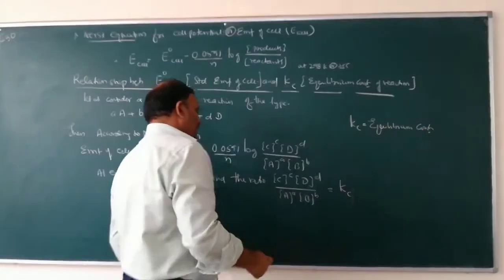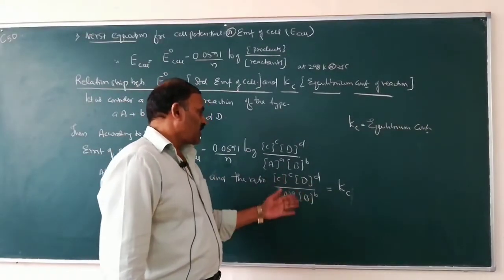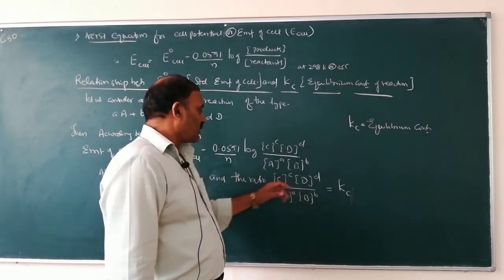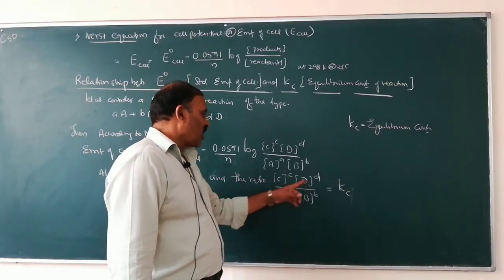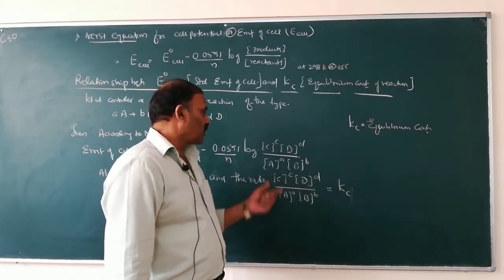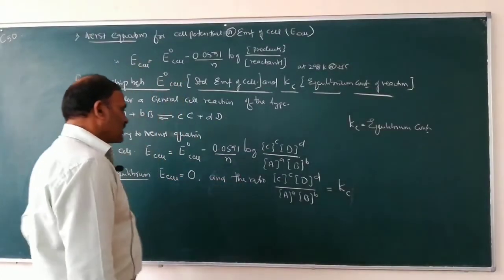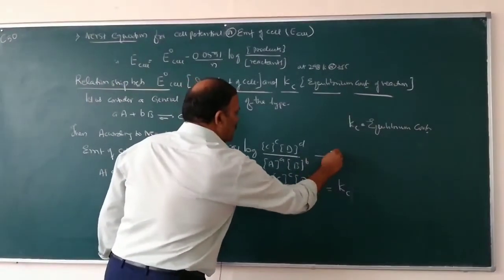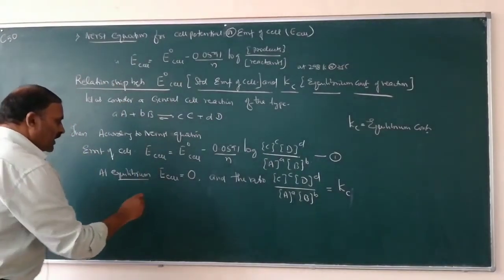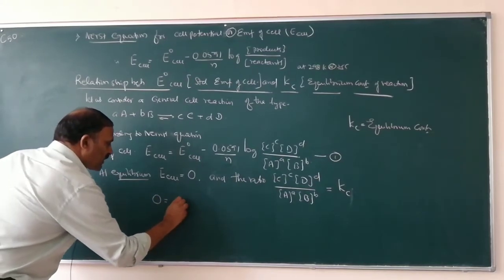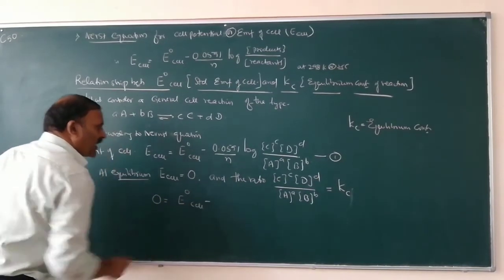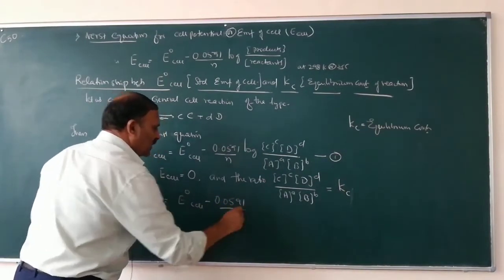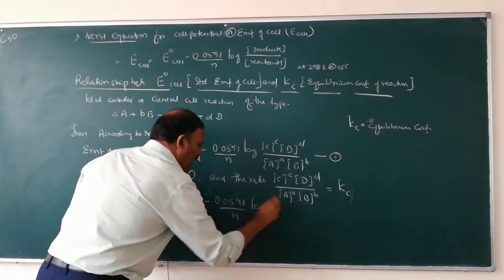So we have defined the equilibrium constant as the ratio of the product of molar concentration of the products to that of the reactants, all raised to the powers equal to the coefficients in the balanced chemical equation. So substituting these values in equation 1, we get 0 equals E naught cell minus 0.0591 divided by n log of Kc.